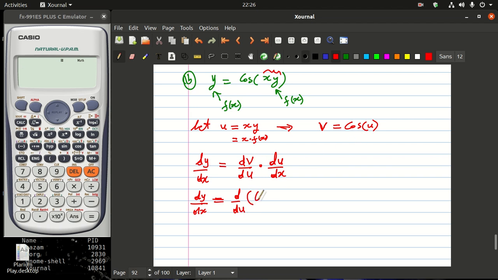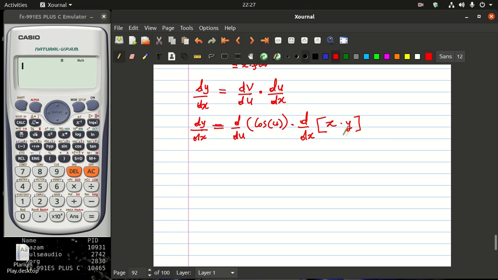My v is supposed to be cosine of u. Can you note that now I have a u and a u, which is nice. And then I'm going to take the derivative with respect to x of u. My u is x times y, which is also nice.